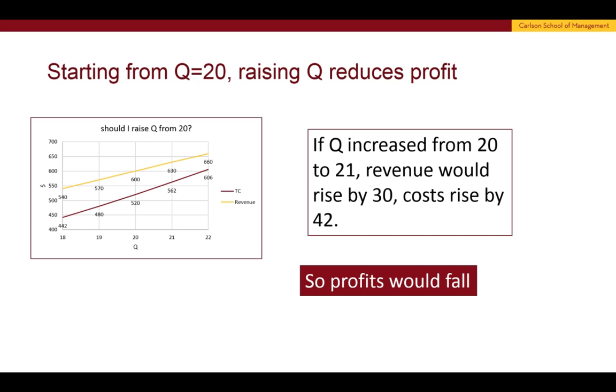What would happen to cost, though, if we were to increase output from 20 to 21 units? Well, costs would rise from 520 to 562, or by 42. Revenue went up by 30, costs went up by 42, so, oh, wait a minute, profits are falling if we were to increase output beyond 20. So indeed, we want to decrease output to less than 20.